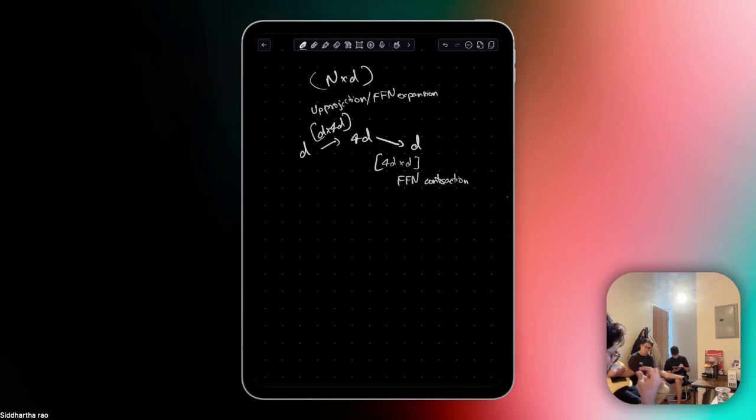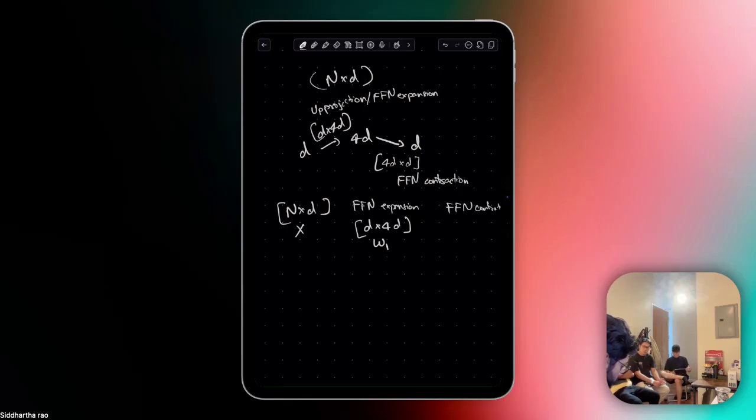So this is basically FFN, but in between there's a nonlinearity. If I have to write the code, I would say you have your n by d matrix, which I would call x, and your FFN up projection expansion, which is d by 4d. I will call that W1, and the FFN contraction is 4d by d, because you're taking the 4d dimensions back to d dimensions, and that is W2.